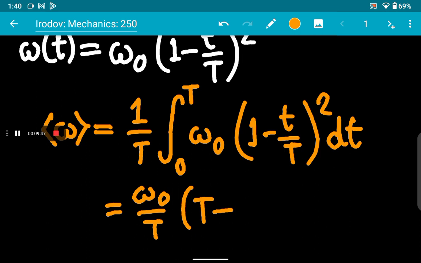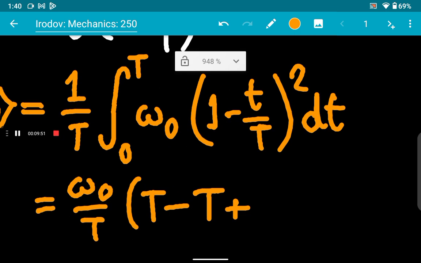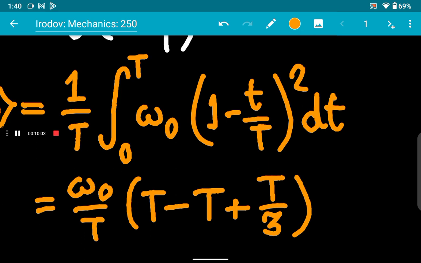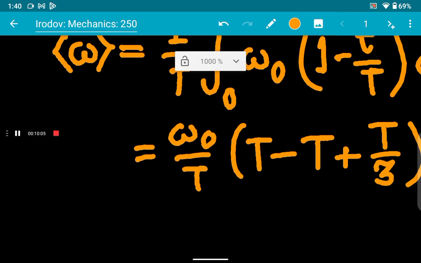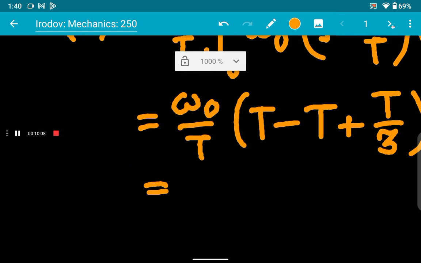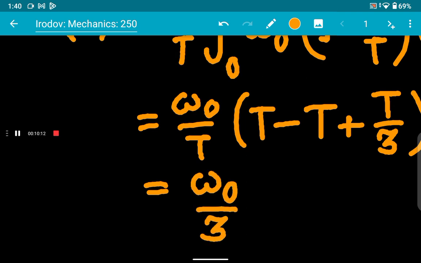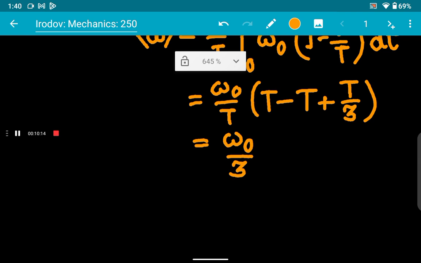This will be t and this will be t squared dt. So this will actually be your T by 3. Okay, so if we cancel all the T's, we will finally get omega naught by 3, which is our final answer.